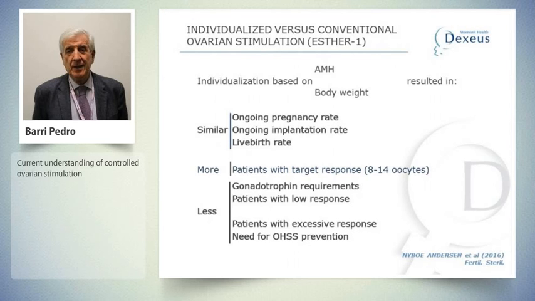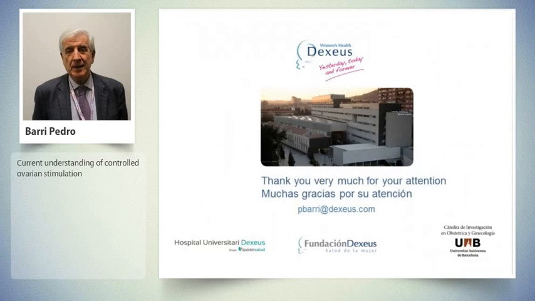You will have more patients with target response, more optimal responders. You will reduce the number of suboptimal, and you will have less gonadotropin requirements, a low number of patients with low response, a low number of patients with excessive response, and a reduction in the need for OHSS prevention strategies.